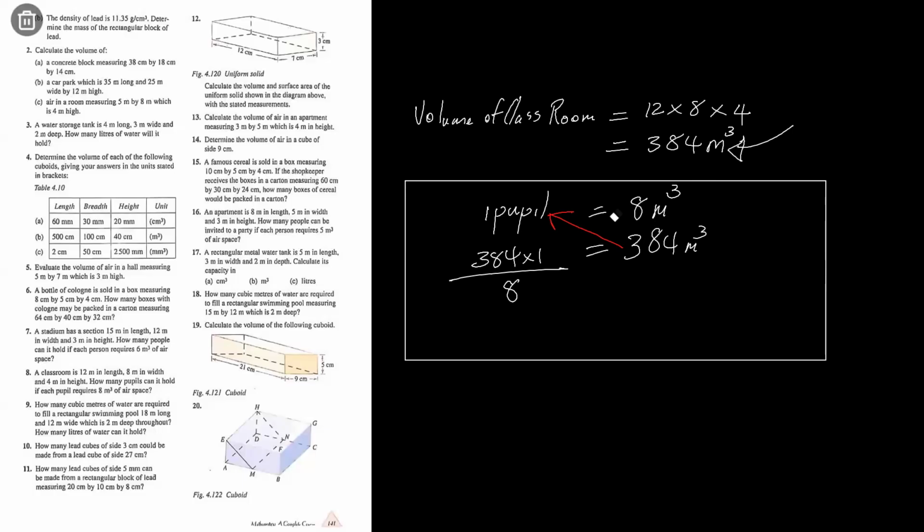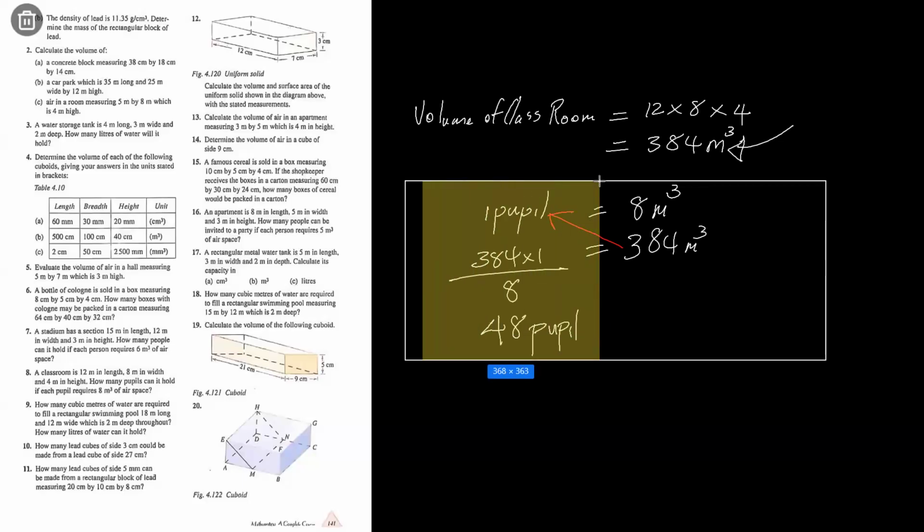You multiply diagonally and you divide by what is left. So this is what gives us 48 pupils. Because notice it's on this side. So you're working pupils, so you're working on that side of the box. Any questions? It's that straightforward.